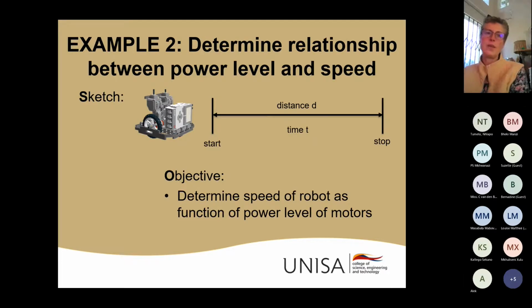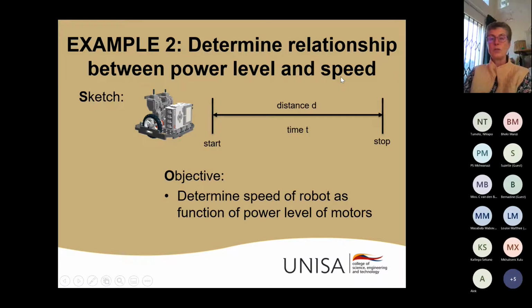Great. Now we're going to have another one. We've got to determine the relationship between power level and speed. We've got the same start and the same end, and we've changed the distance a little bit, but we can measure distance and time, because we are looking at power level, which is your independent variable that you change on your robot, and speed, which is your dependent variable.